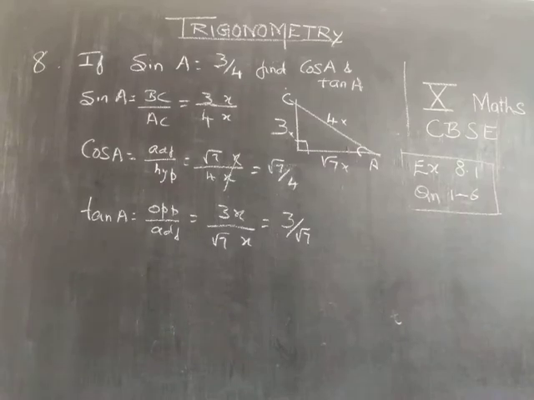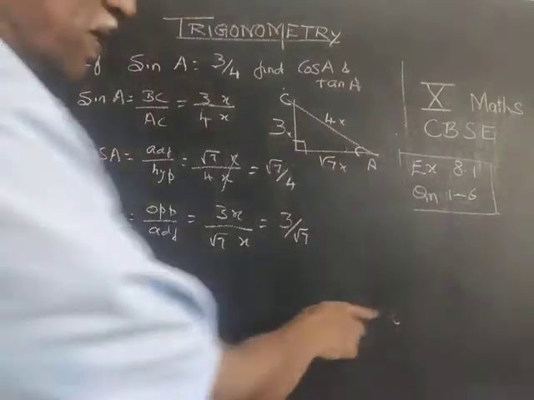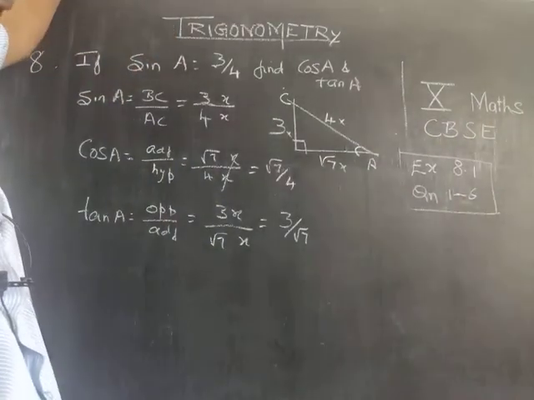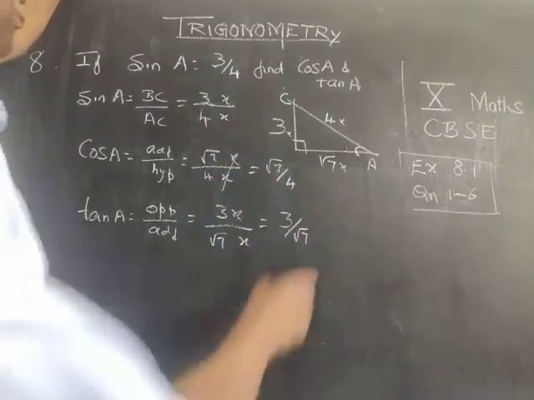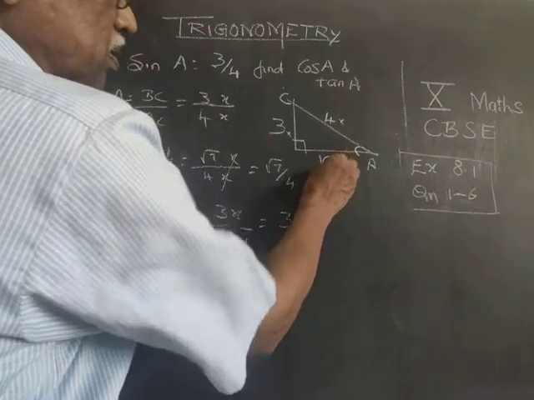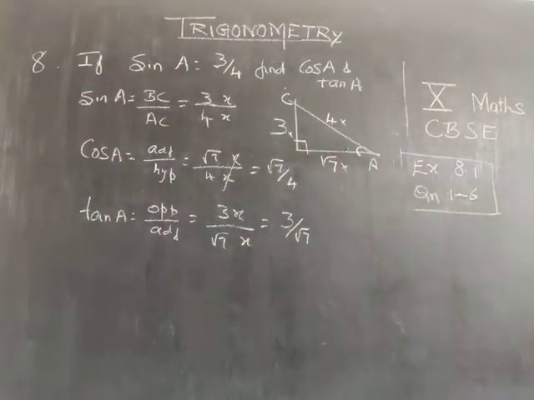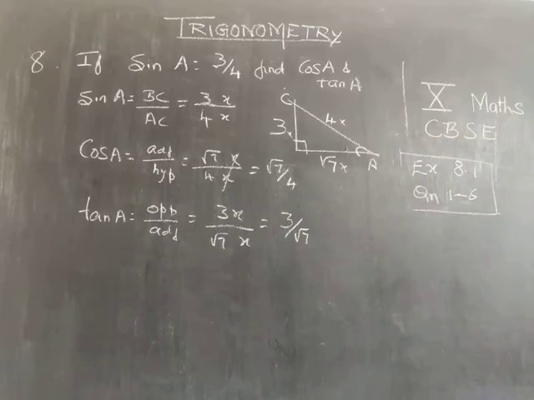The problem is generally, what students do is immediately they write 3, 4, immediately 5 they put, because they are very much familiar. 3, 4, then 5. Just now I said that is a Pythagorean triad. But 5 must be hypotenuse, whereas here the hypotenuse is 4x. So it will be something else, not 5. So you find out and then do it. Now the 8th sum is over. I go for the 9th one.